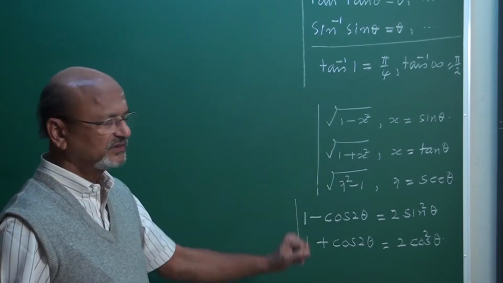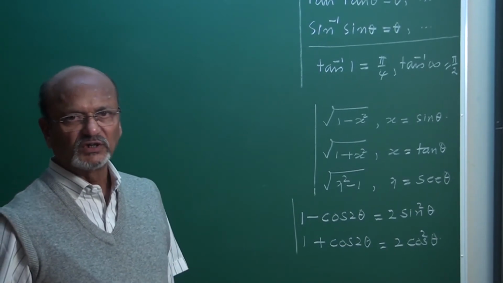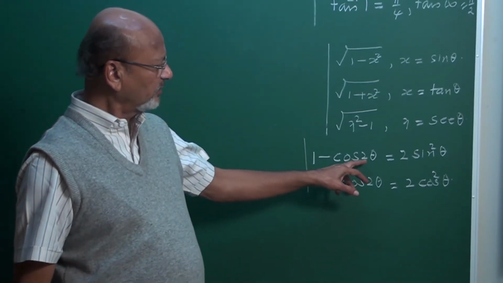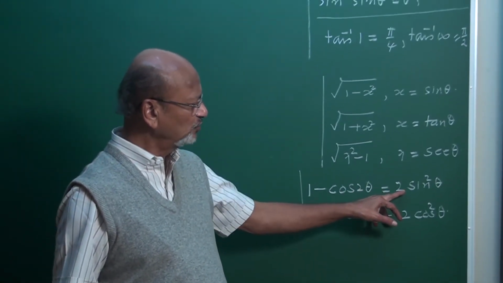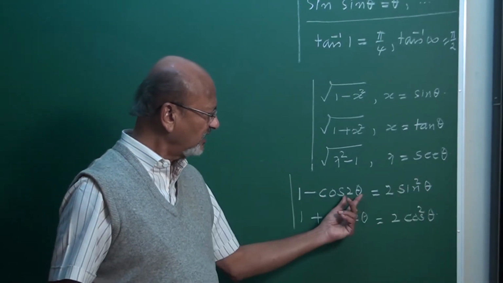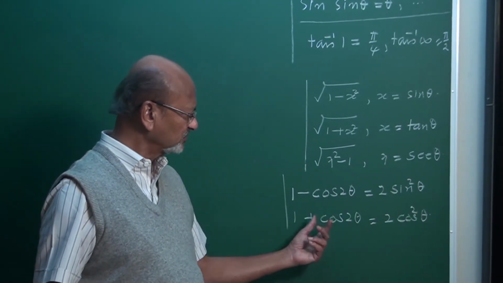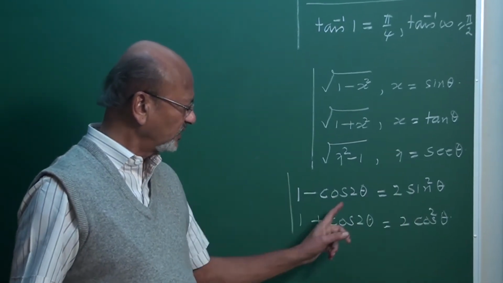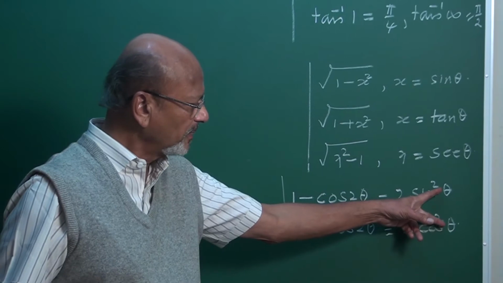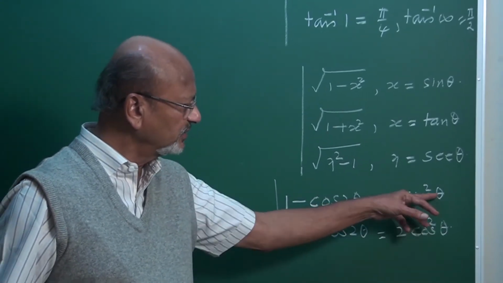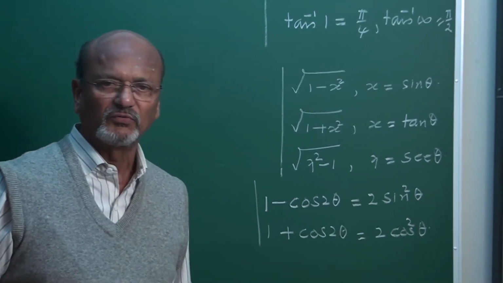And you know, 1 minus cos 2 theta is 2 sin square theta. What is your observation? 2 theta becomes theta, half of the angle in LHS. Plus means 2 cos square, minus means 2 sin square. The angle is fixed, half of the angle. If it is theta here, it becomes theta by 2, my friends.